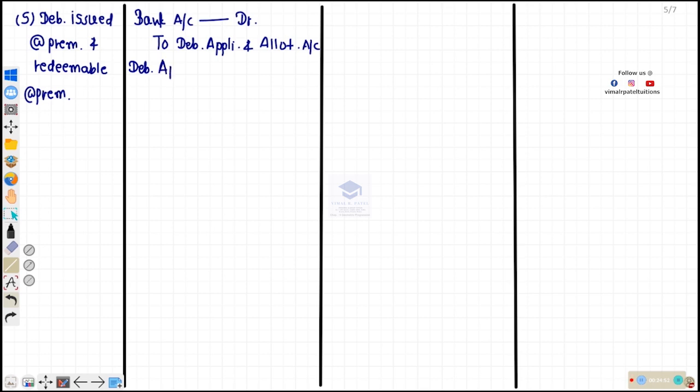Debenture application and allotment account debited 110.